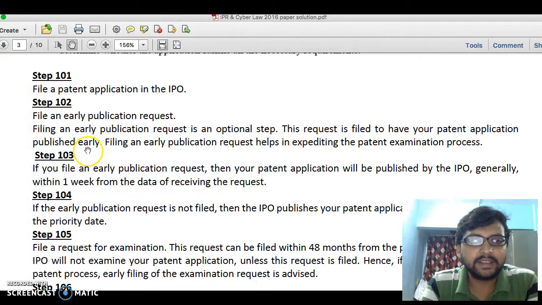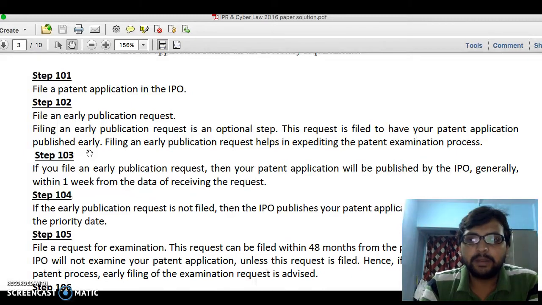Now what does publication mean? Once we file an application, before processing it to get patented, they publish the same application or request in the intellectual property journal.